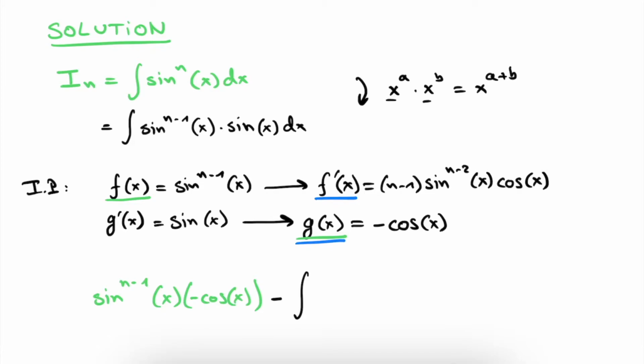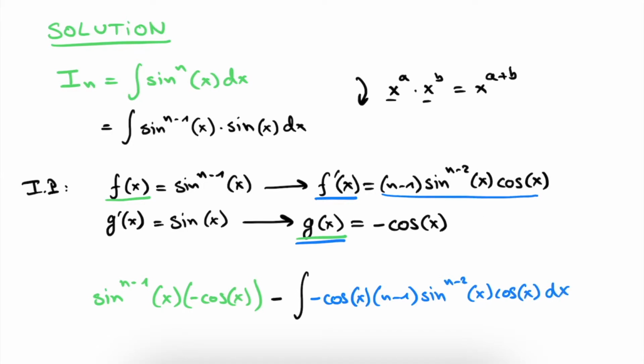So g of x will be minus the cosine of x, and f prime of x will be n minus 1 times the sine to the power n minus 2 of x times the cosine of x dx, which is simply this function multiplied with this function.